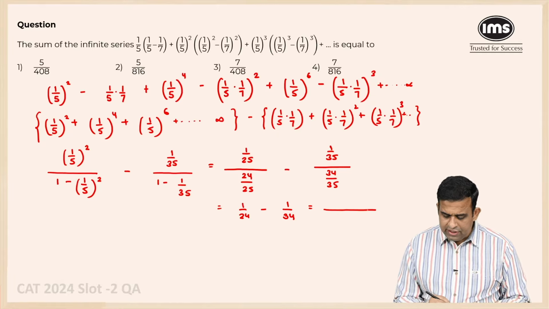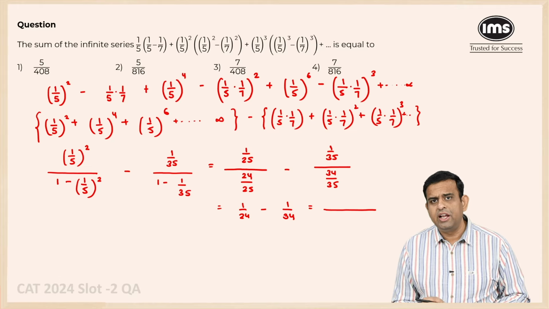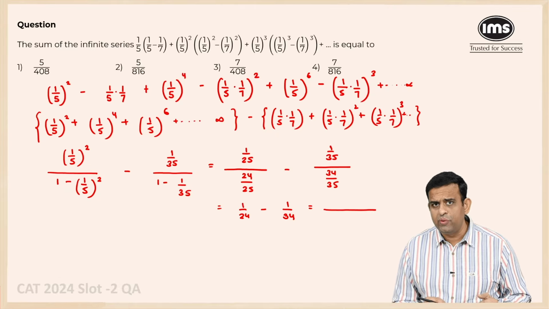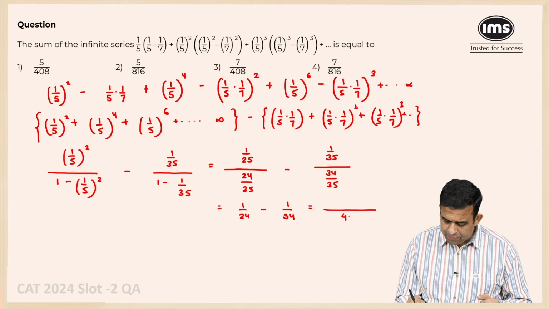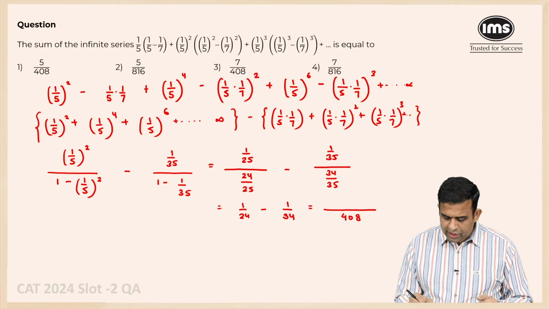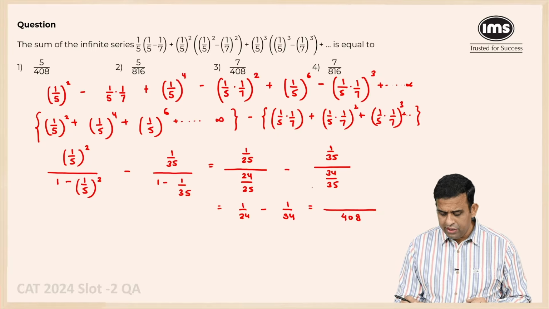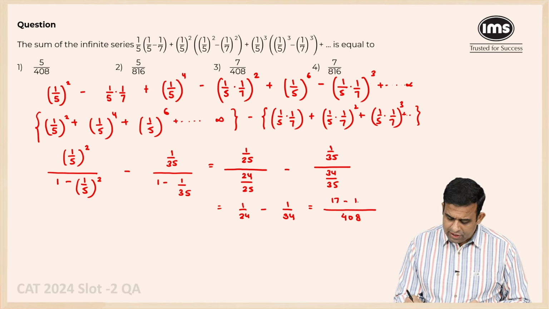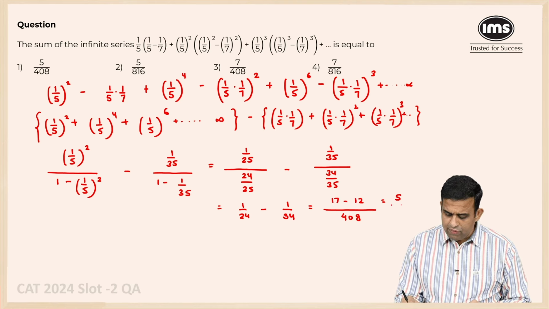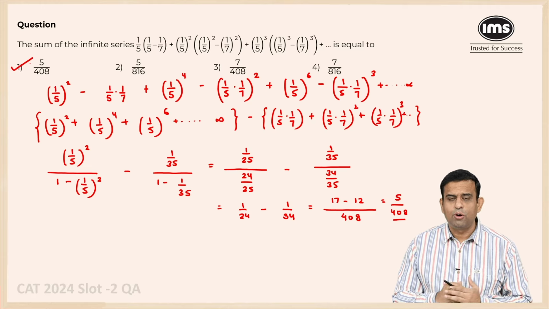Now if someone takes the LCM over here, LCM will be 34 times 12 giving you 408, and this will be 24 into 17 is 408, 34 into 12 is 408, so I get 17 minus 12, and this will give you 5 over 408, which means the required answer is option number 1 over here.